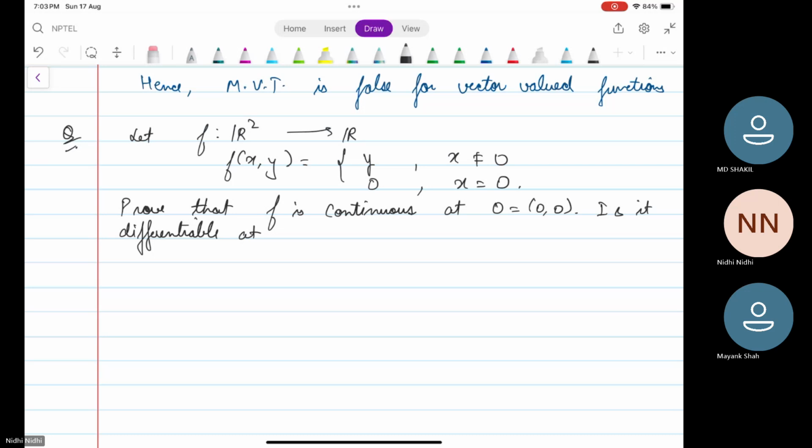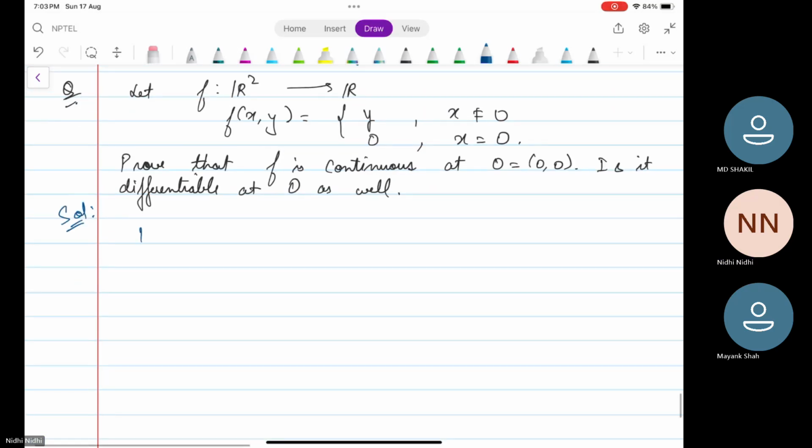So for continuity, we'll use the basic epsilon delta definition. Let's start with mod f(x,y) minus f(0,0).